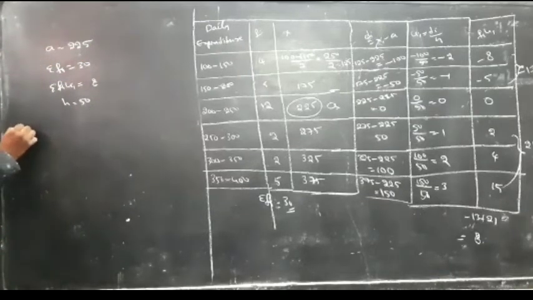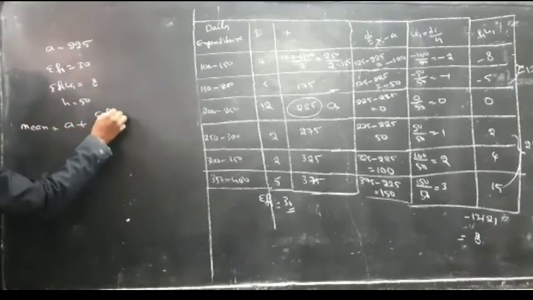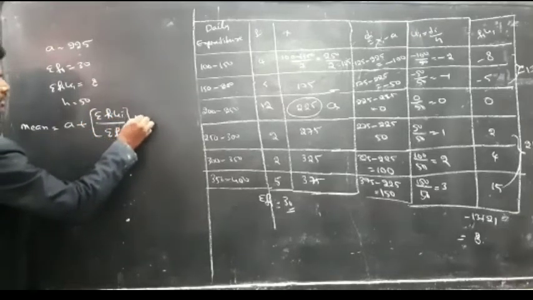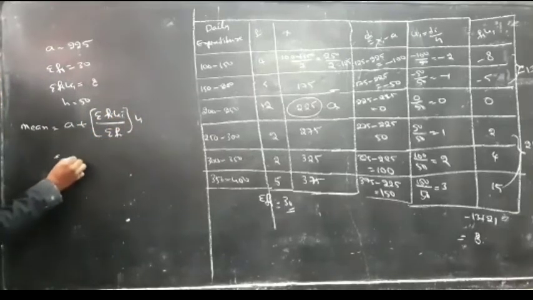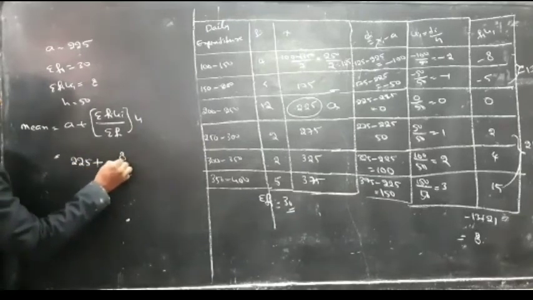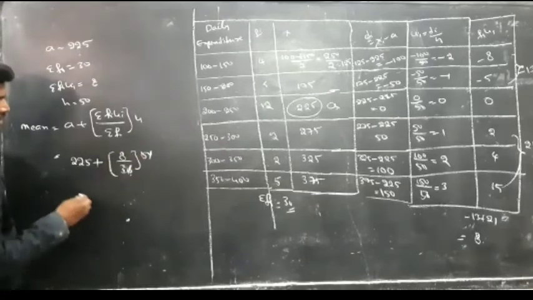What is the formula to find the mean? Mean is equal to a plus sigma fi ui by sigma fi into h. a means 225 plus sigma fi ui means 8 by 30 into 50. The zeros get cancelled.